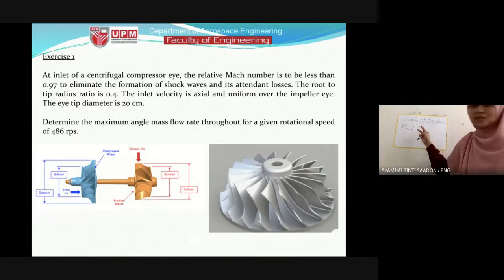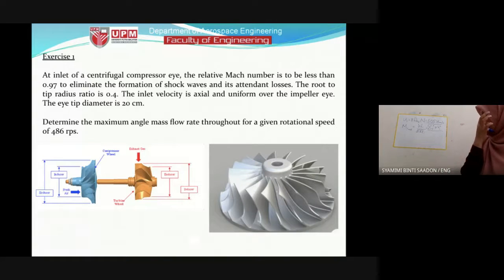So we need W1 over the square root of gamma RT. From the velocity triangle, W1 is the square root of C1 squared plus U1 squared, by Pythagoras.